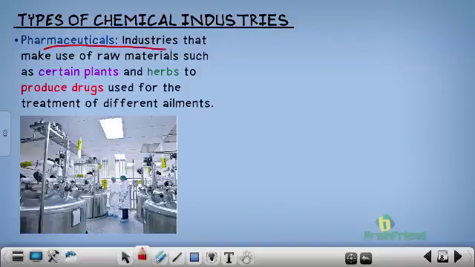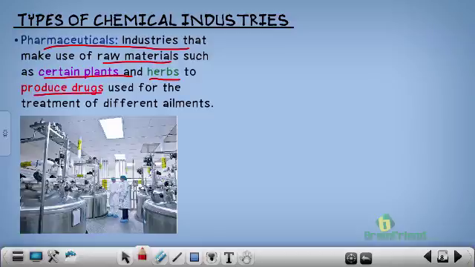Pharmaceutical industries. These industries make use of raw materials such as certain plants and herbs to produce drugs used for the treatment of different ailments. This means that this industry mainly produce drugs, and these drugs are used in the treatment of different kinds of ailments.